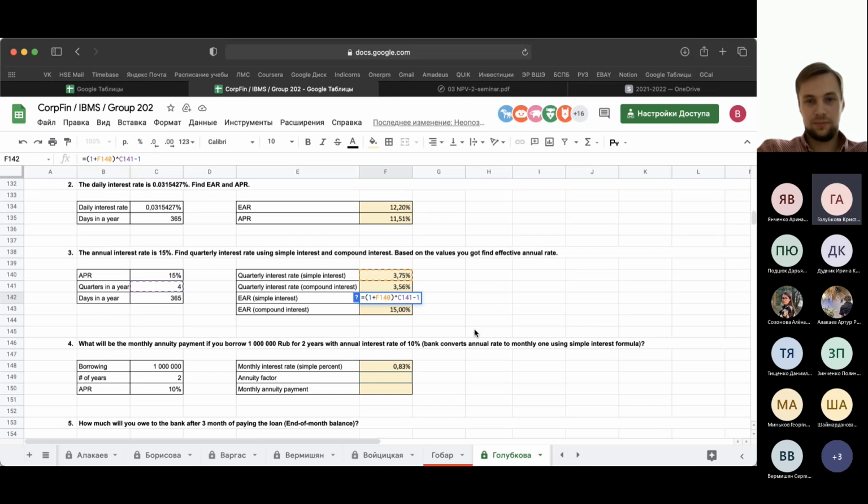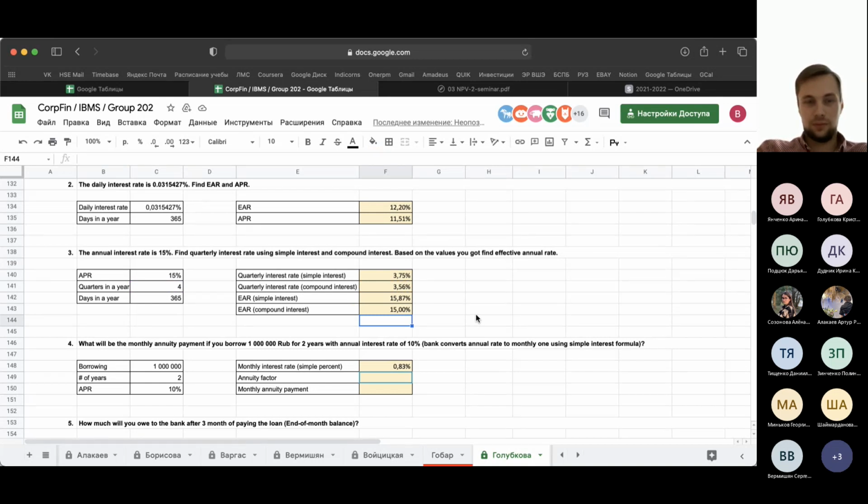So take it to the power of 4, and then just subtract 1. Yeah. So here we make the reverse procedure: we go from the annual rate to the quarterly rate, and then vice versa. Okay, and I guess the same with this part, yes? Okay.